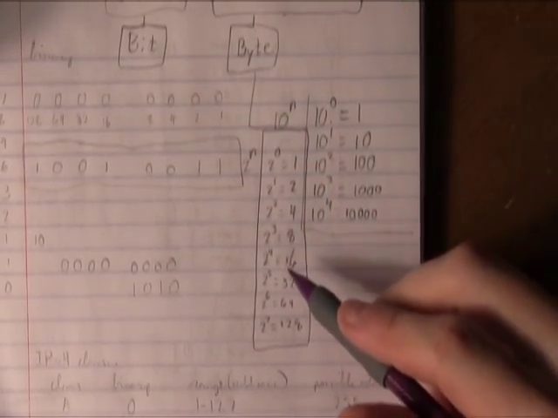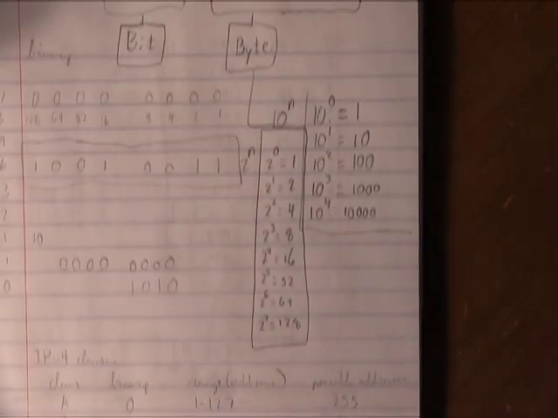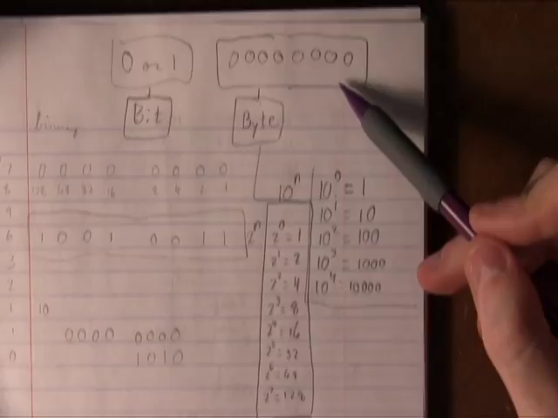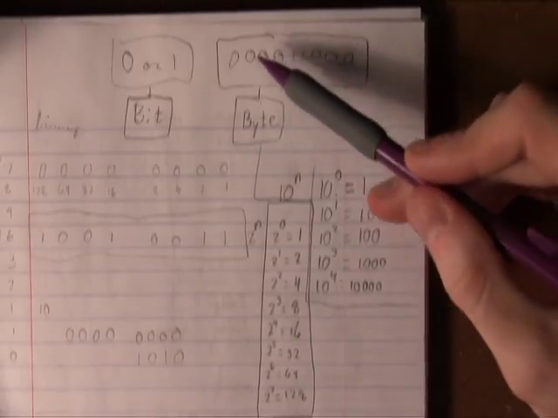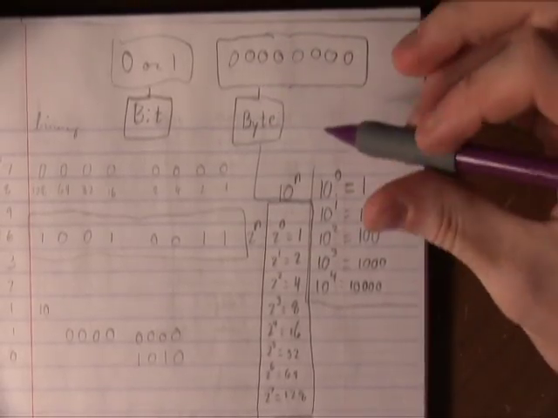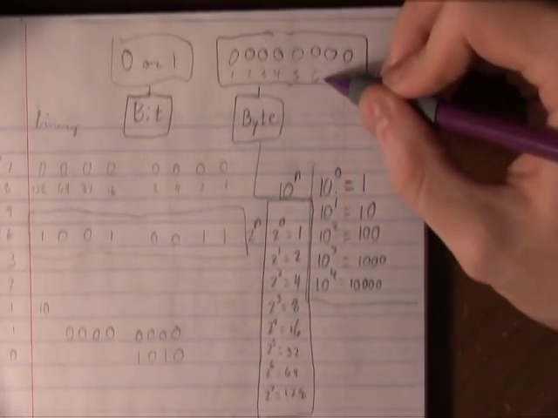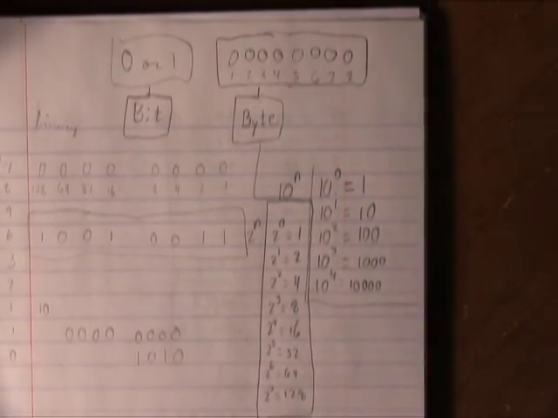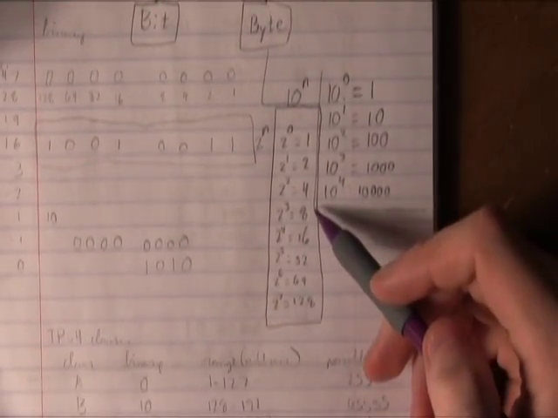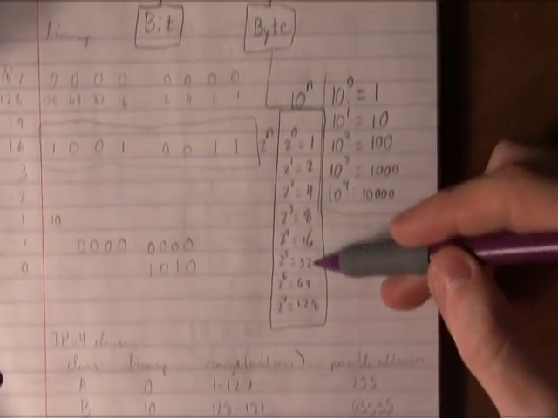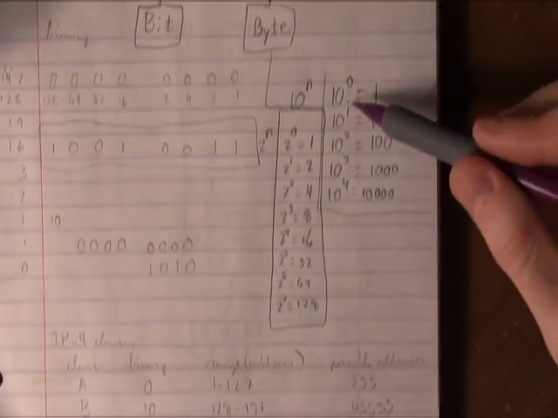This is important to keep in mind. Remember when I said 8-bit? 1 byte is 8 bits. 1, 2, 3, 4, 5, 6, 7, 8 bits. Well, we just counted out binary 8 times. Each of these represents a position, just like with decimal, 10 to 0 is 1.